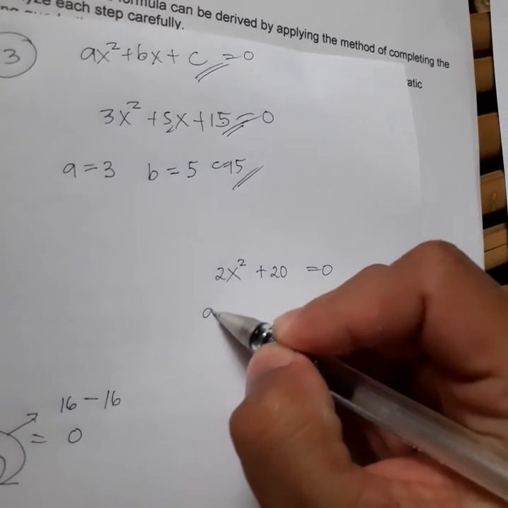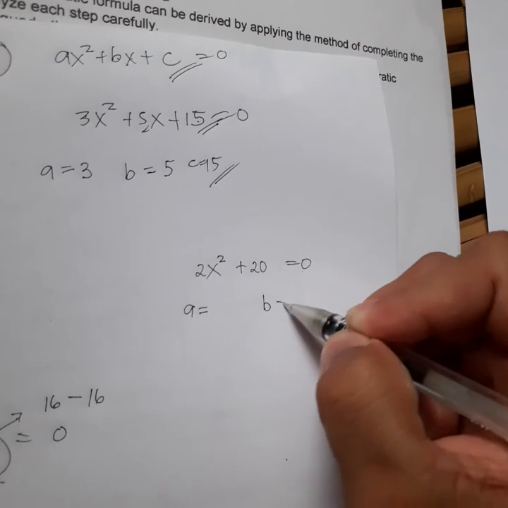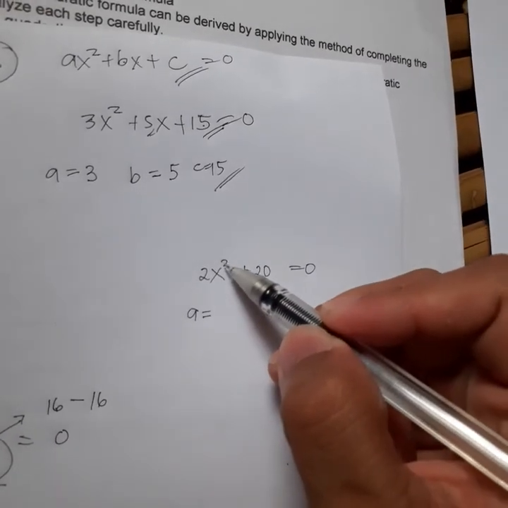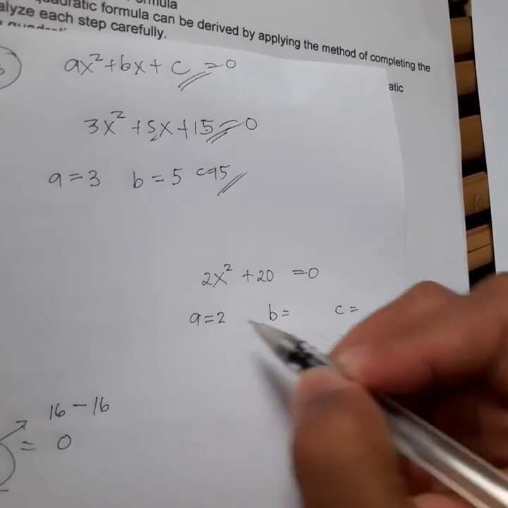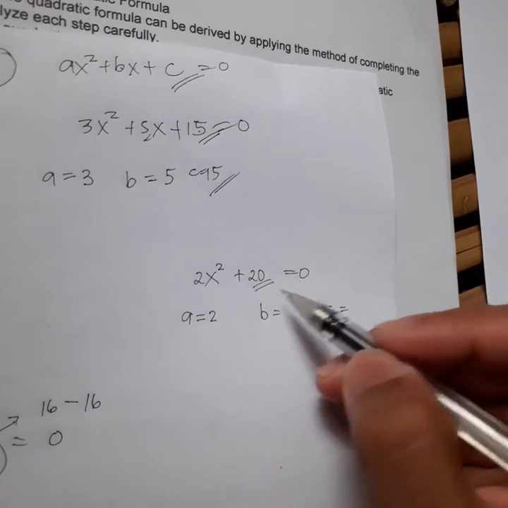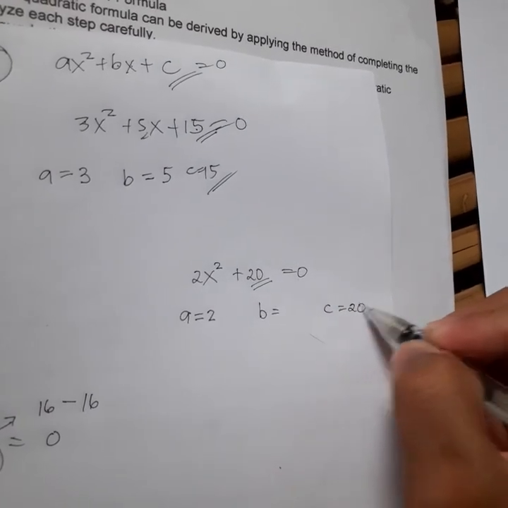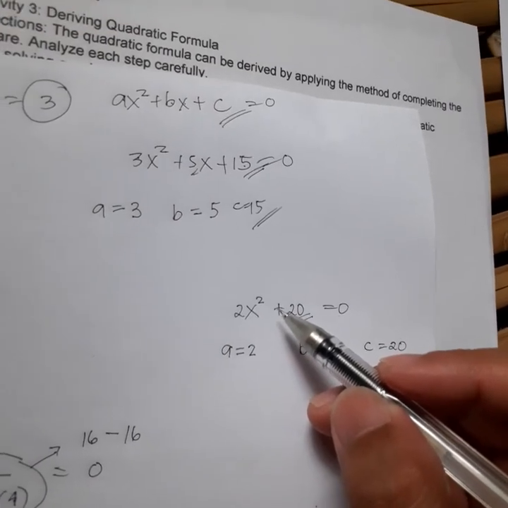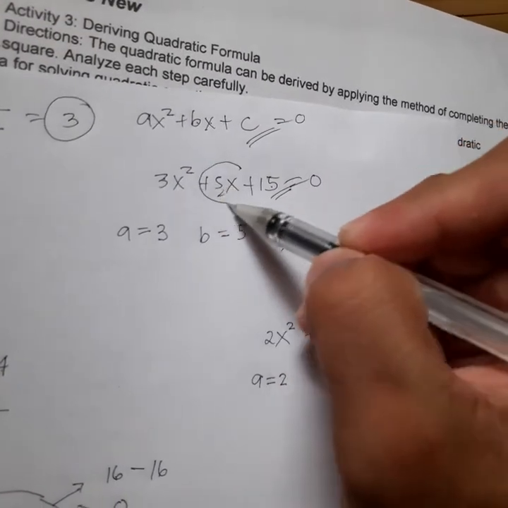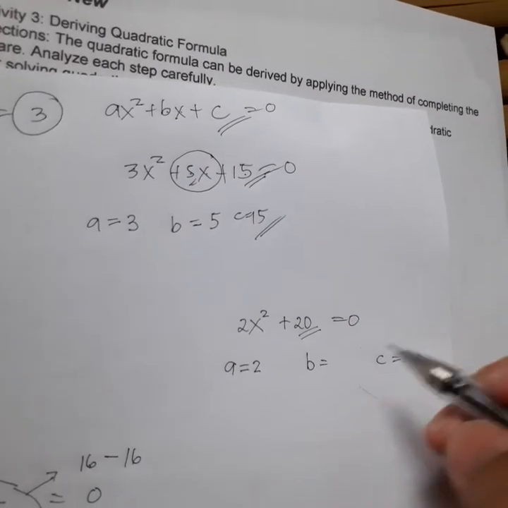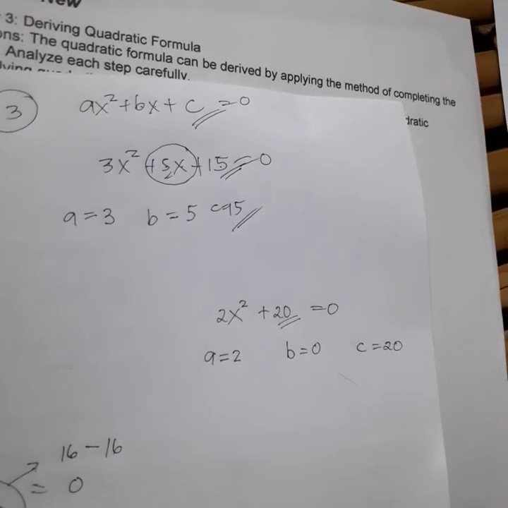What is a? It is the coefficient of x squared, so we have 2. How about our b? We have no middle term. This is the constant, this is c. Since we have no middle term, meaning no number beside x, b is simply 0.